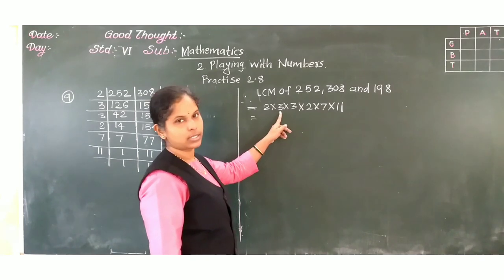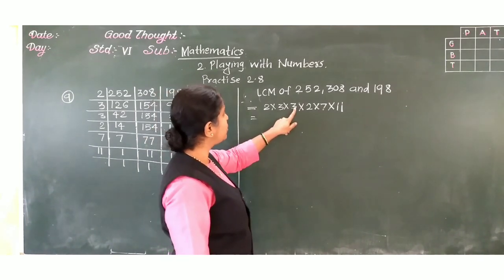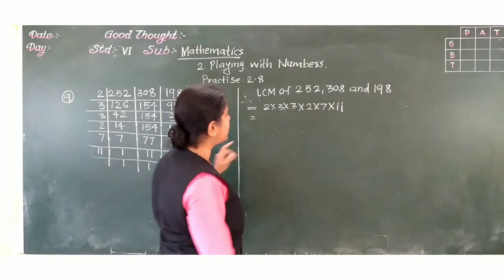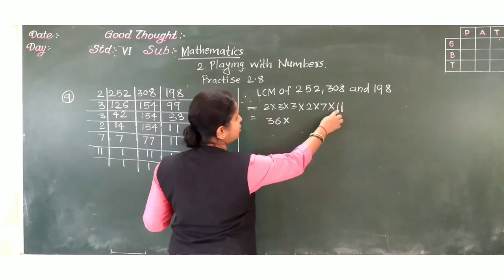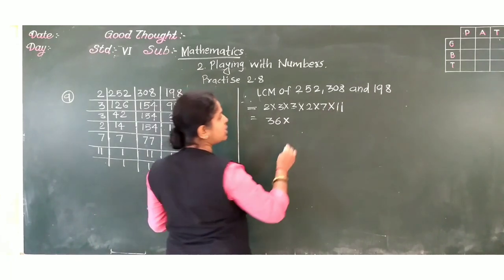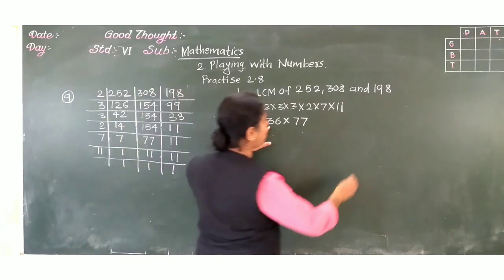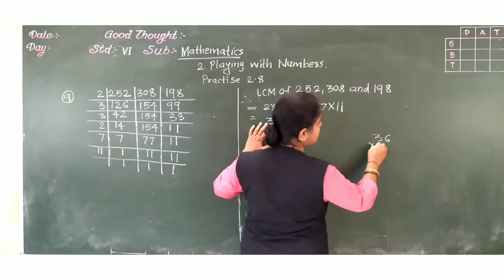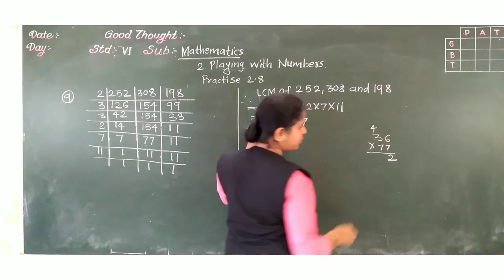2 3s are 6. 6 3s are 18. 18 2s are 36. Into 7 11s are 77. Okay. Now do 36 multiply by 77. 7 6s are 42, 2 carry 4.